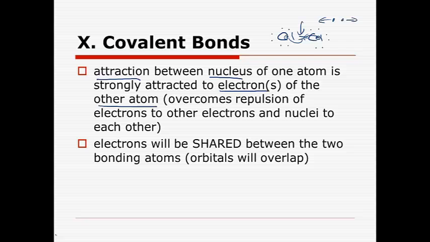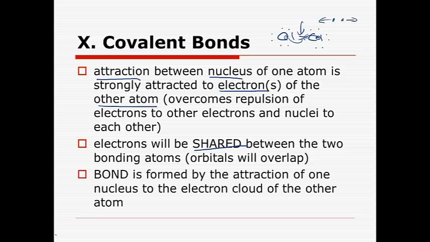So in covalent bonds, you have sharing of electrons. The orbitals from one atom have to overlap with the orbitals from another atom. And the bond is not from the sharing, the bond is the attraction of one nucleus to the electron cloud, or the orbital, of the other atom.